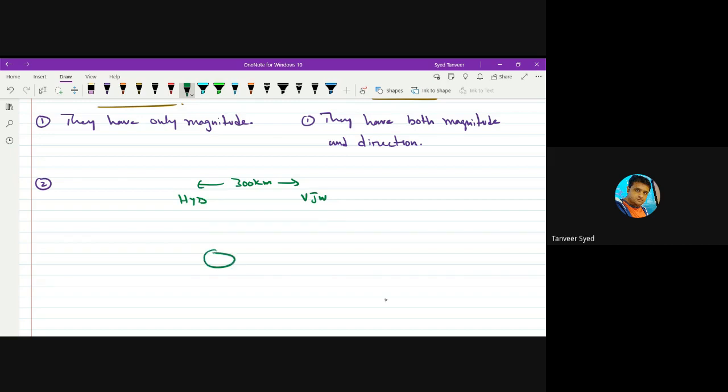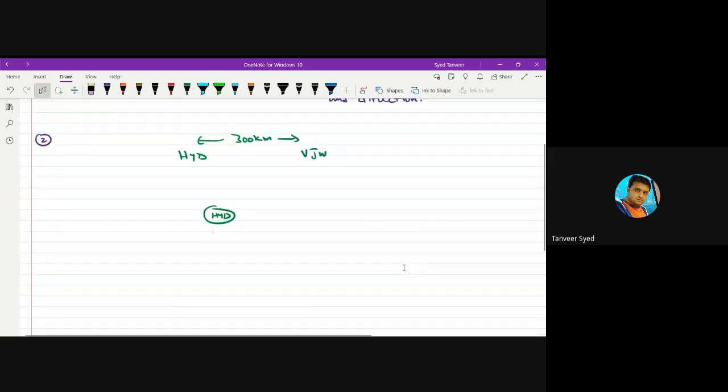Now you are in Hyderabad. I will tell you the distance to Vijayawada, 300 kilometers. Can you reach Vijayawada? No, you cannot. Because to reach Vijayawada, only distance is not sufficient. You need direction also.